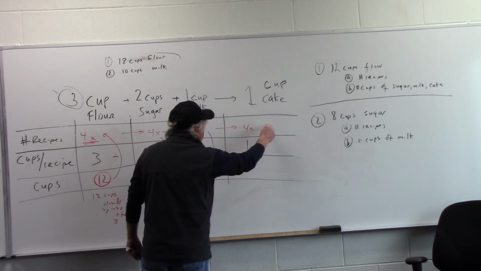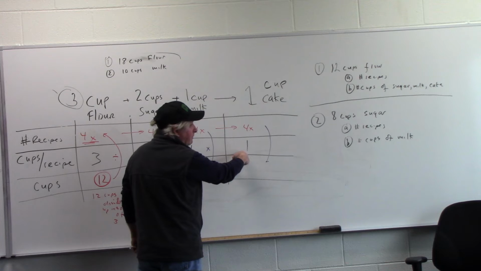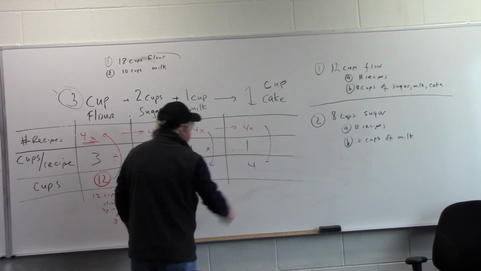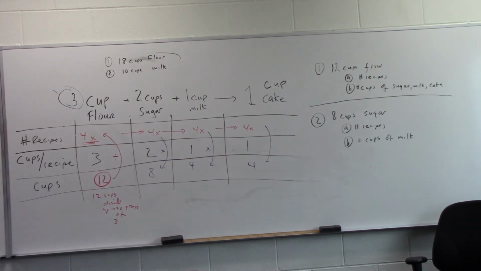And overall, how many cakes will I make? Well, 1 4 times 4. Okay. So if I have 12 cups of flour, what I'm going to need is 8 cups of sugar, 4 cups of milk, and it'll make 4 cups of cake.